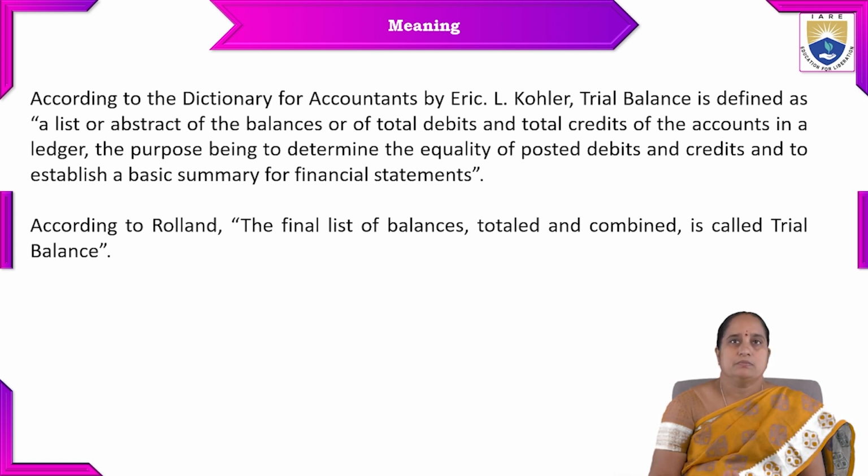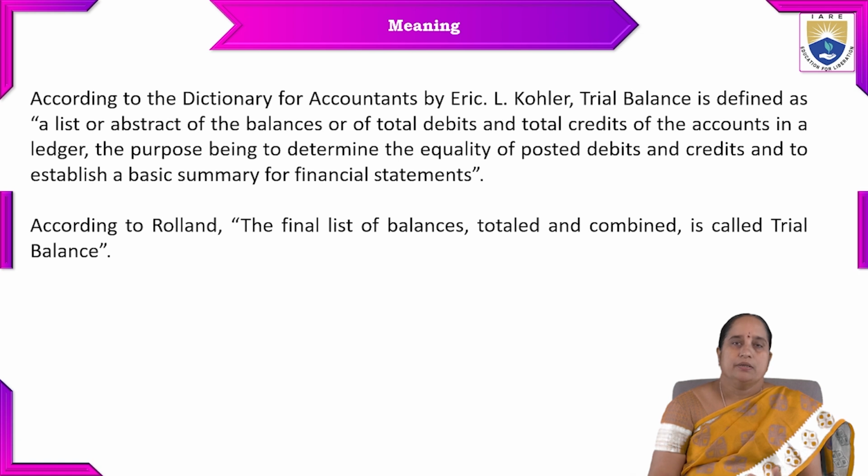As per this definition, financial statements like the profit and loss account, trading account and balance sheet should be prepared based on the trial balance. We can also check whether there are any errors while posting into a ledger or entering into a journal, and these are identified by preparing the trial balance statement.